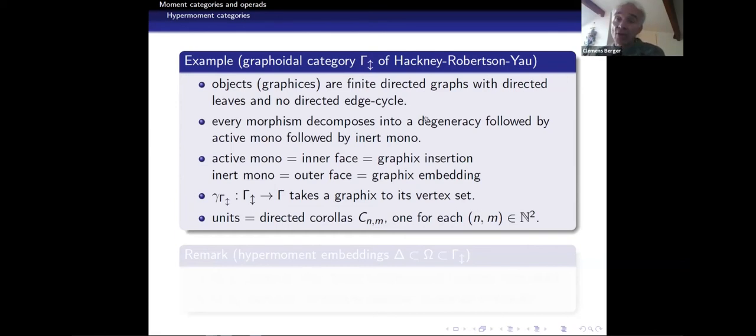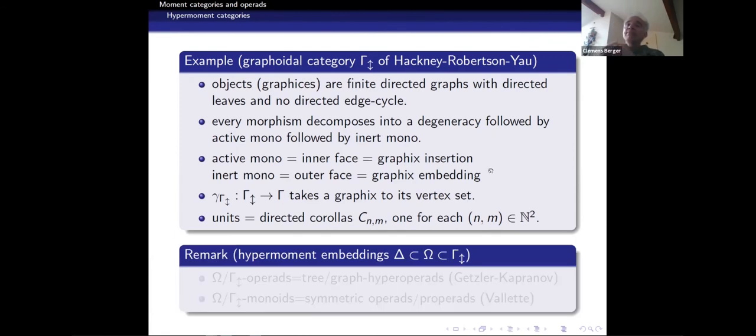So you have corollas which are indexed by two natural numbers, n and m. Actually, there is a single nil object in omega and also in the graphoidal category, which is just the free living edge. The free living edge is the only nil object.